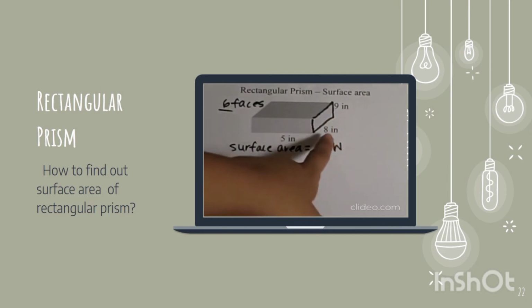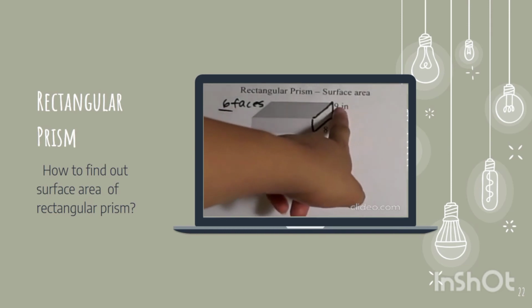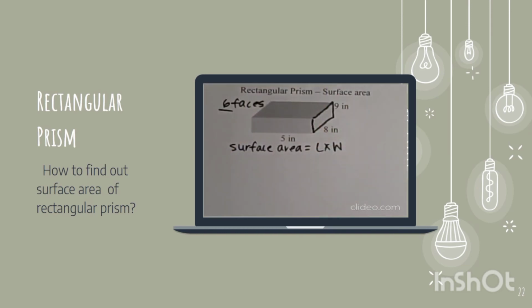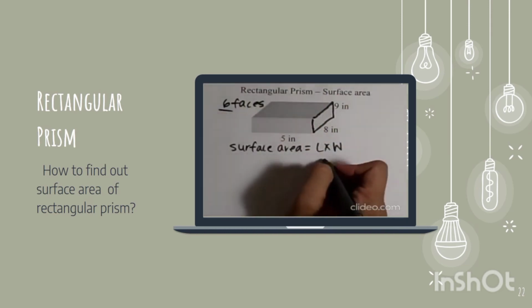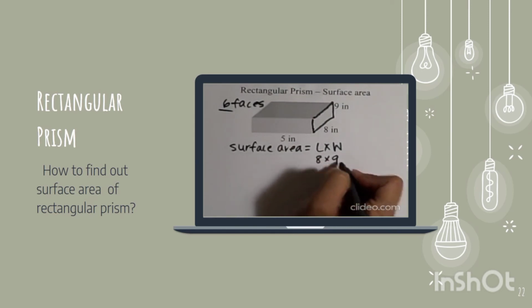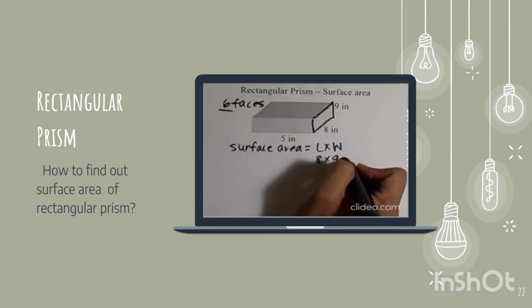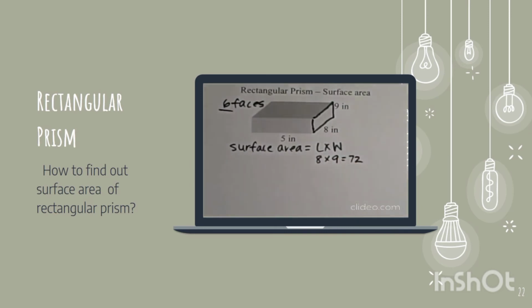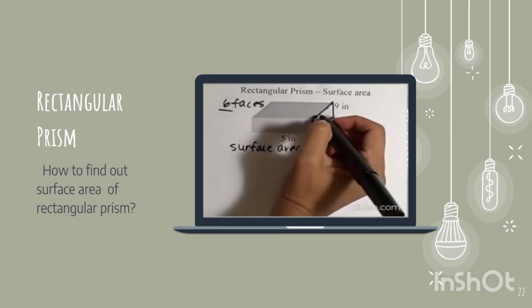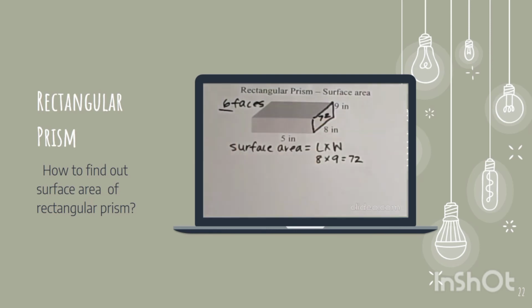This face, I would say my length is 8 and my width is 9. So we're going to start by doing 8 times 9. And 8 times 9 is 72. So I now know that this face is 72.